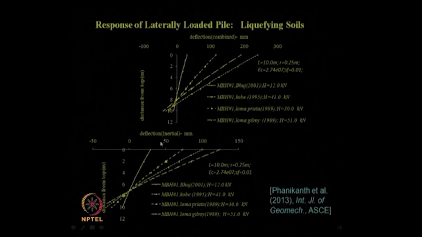So, do you think a ground improvement will help too much? No. In that case, you have to go for better pile design itself, so that it can take care of this additional inertia force. But if you have a soil where the kinematic component is more, what can you do? Probably by going for ground improvement techniques or dynamic compaction, etc., you can reduce the amount of deflection due to the kinematic portion for the pile.